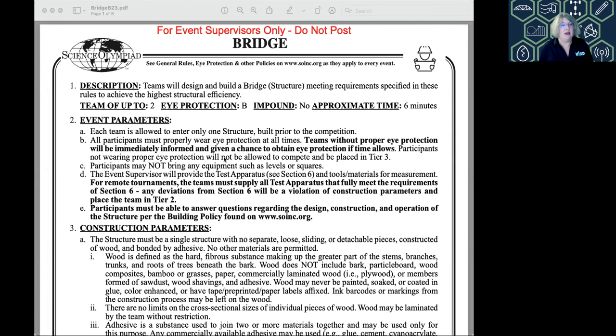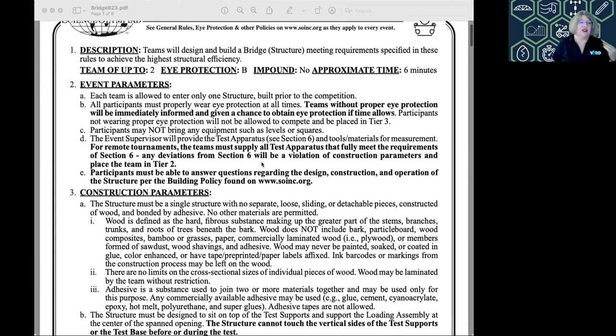All right. Now, she's talked about how there are event parameters, what they're bringing. The teams can only bring one bridge, but there's always a section in the building event rules, and in the chemistry rules and other ones, of what the event supervisor will provide.